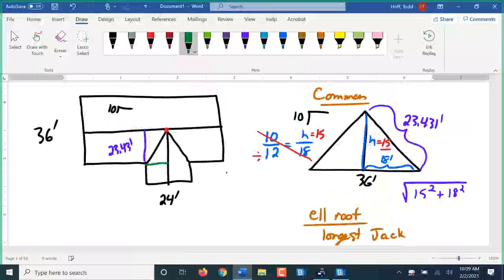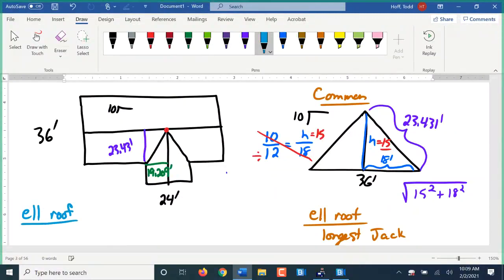That's this one here, 19.209 feet. Now we are ready to find the next longest jack in each direction. So let's do the L roof first.